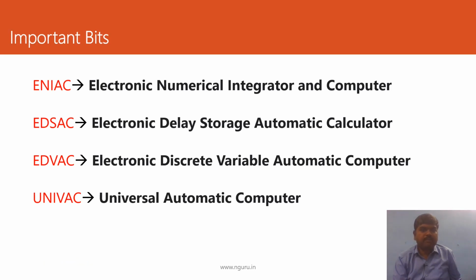So these are some of the bits. Take the screenshot. You may get at least one question, I am expecting. ENIAC is nothing but Electronic Numerical Integrator and Computer. EDSAC is Electronic Delay Storage Automatic Calculator.